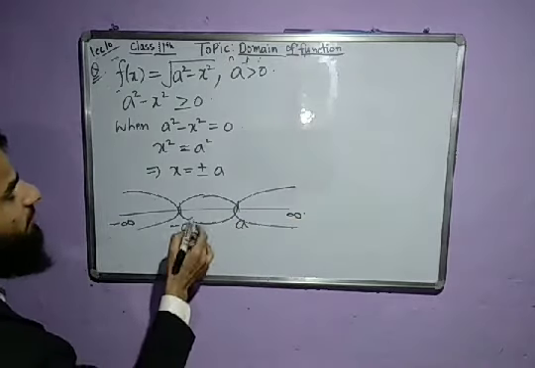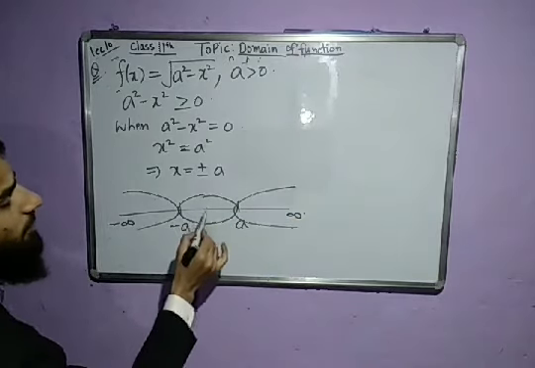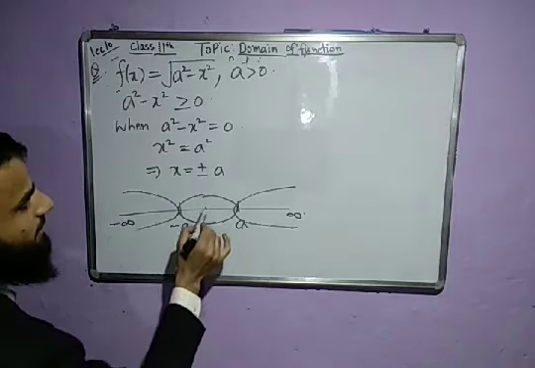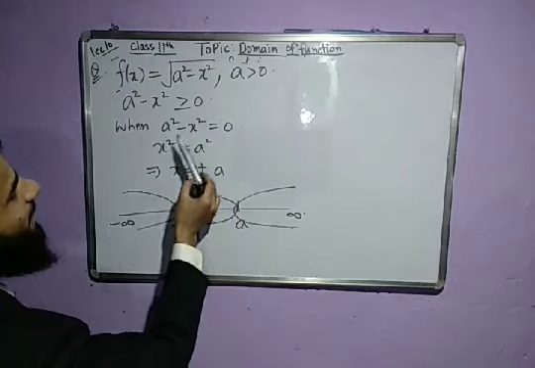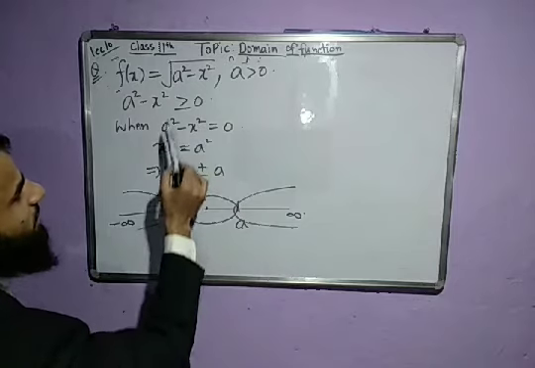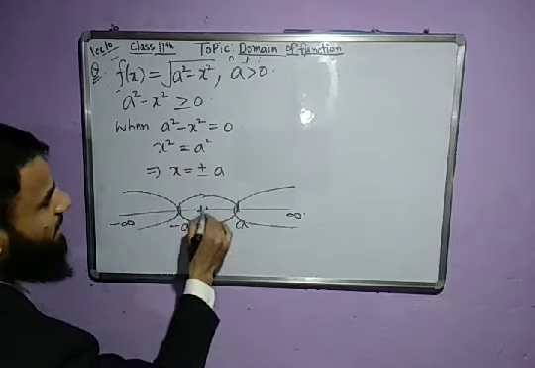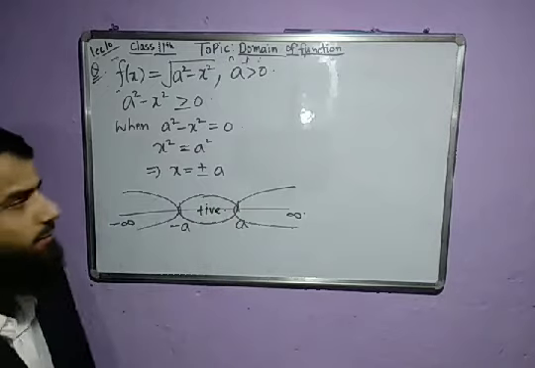Now let's check for all of them. Let's check for 0. 0 is in between this region. When x is equal to 0, I will get a square minus 0, which is a square, and it is positive.